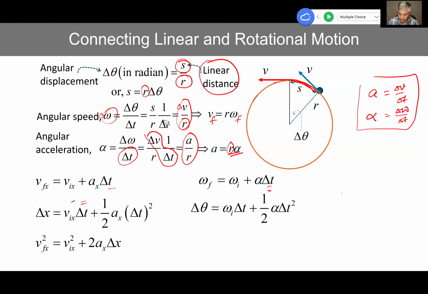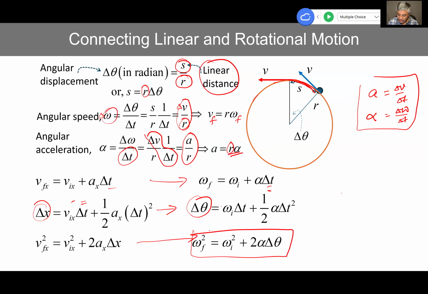Okay. And the last equation. Displacement here is angular displacement, so we do the same thing. This one is without time. These two have time. And this one has final speed, but this one does not.